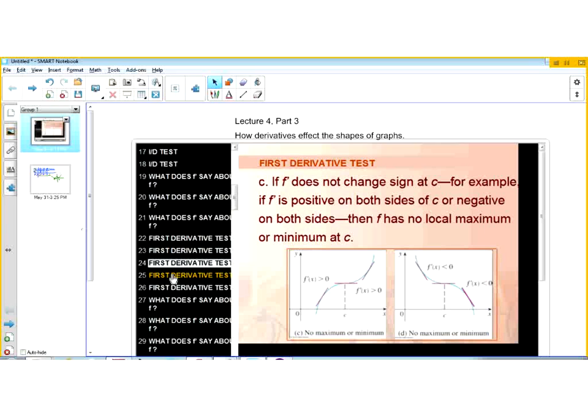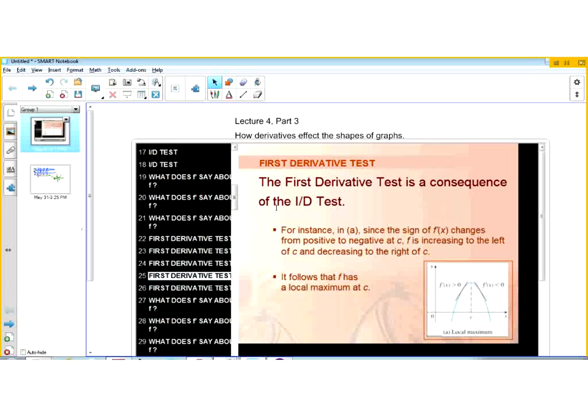So the first derivative test is a consequence of the increasing-decreasing test. For instance, in this figure, the sign of f prime of x changes from positive to negative at c. f is increasing to the left of c and decreasing to the right of c. So it follows that f has a local max. So this is the increasing-decreasing test analysis.